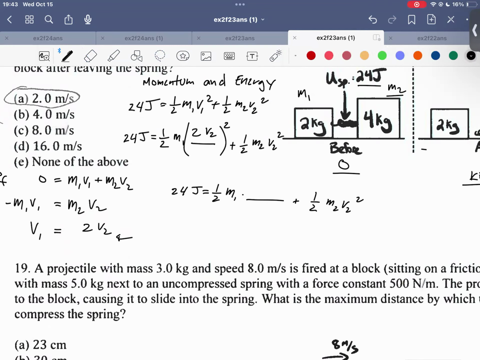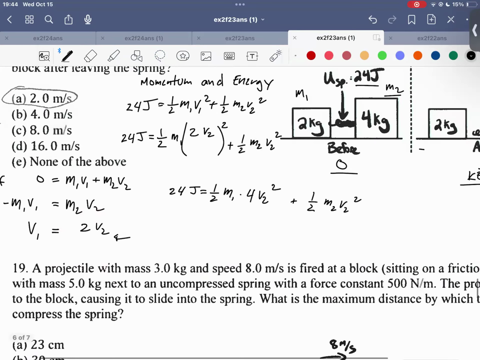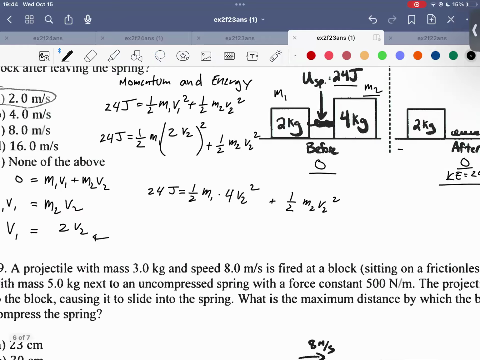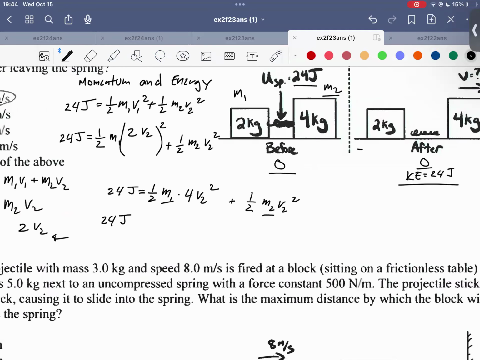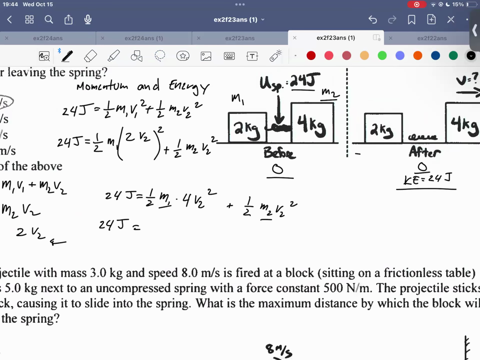So 2 v2 squared, leaving us with 4 v2 squared. And then from here, you can just solve, and again, you can do the same thing with this m1 and this m2, but it's not that necessary.